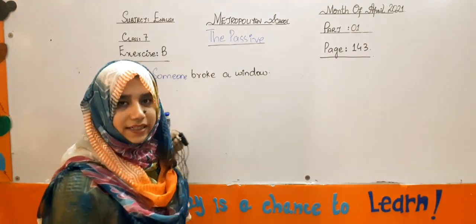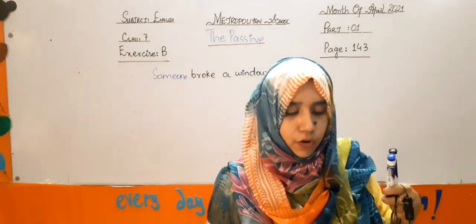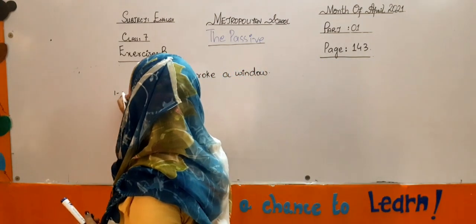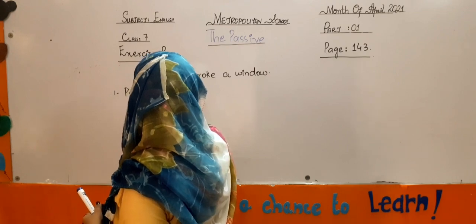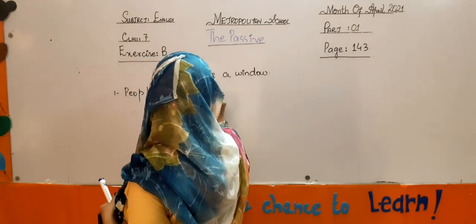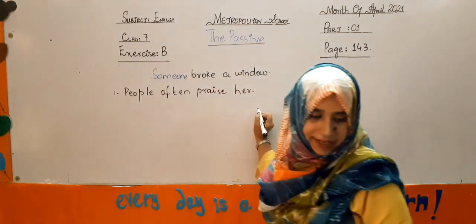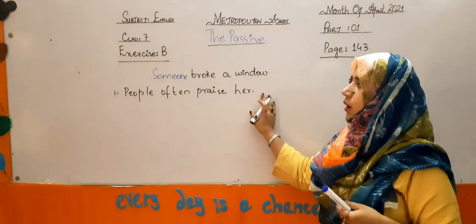right? So there are some sentences given to you in the exercise on page number 143, and the sentences are: number 1. People often praise her. This is the very first sentence of this exercise: people often praise her.